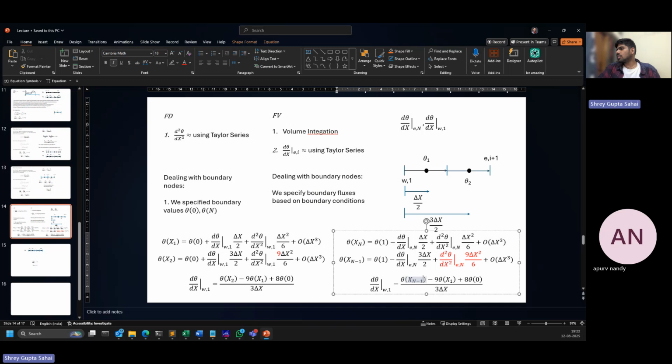So theta of n minus 1 minus n, and then you will have plus 8 theta of 1.